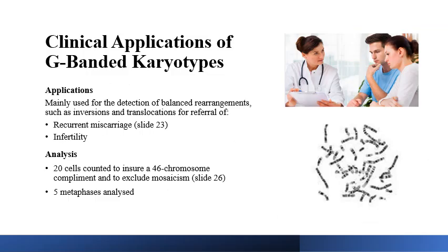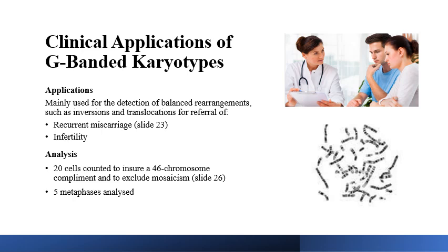So G-banding and karyotypes are actually used for detecting balanced rearrangements, such as inversions and translocations. And these rearrangements are often investigated in cases of recurrent miscarriage or infertility, where balanced changes in parental chromosomes may lead to unbalanced outcomes in offspring.